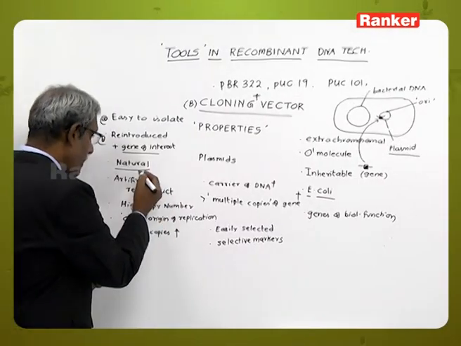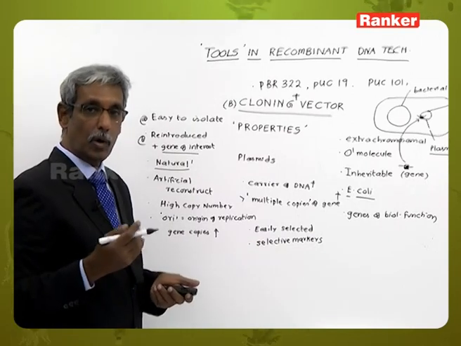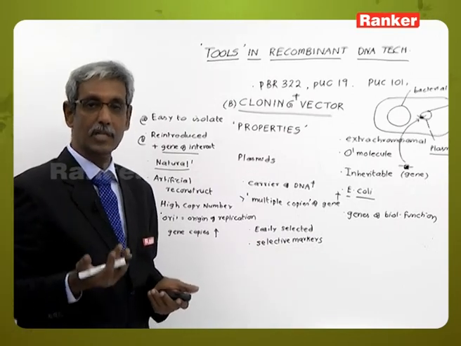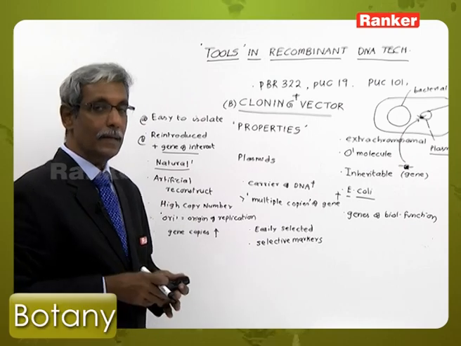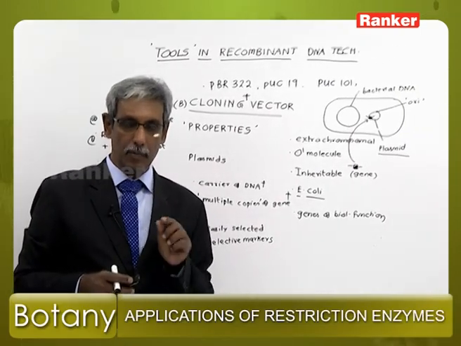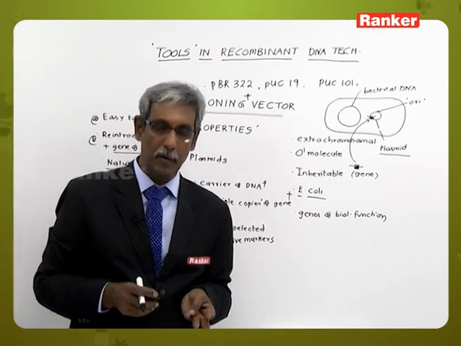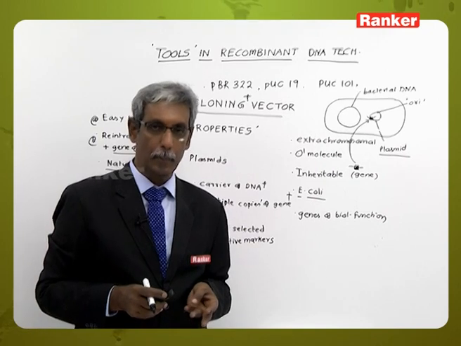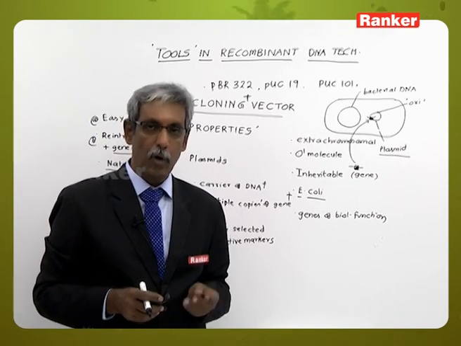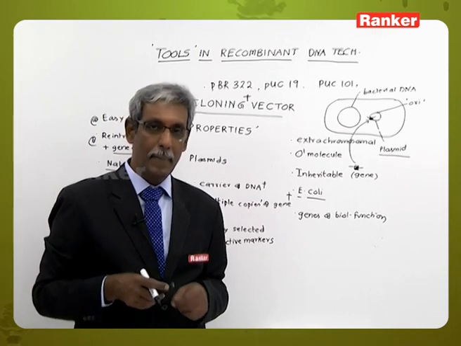And sometimes, besides natural plasmids, on other occasions you can also artificially reconstruct a plasmid. That is, you can take small pieces of genes from different organisms, like a eukaryotic cell or a prokaryotic cell, or from a fungal cell, and you can stitch them just like how you stitch pieces of cloth.